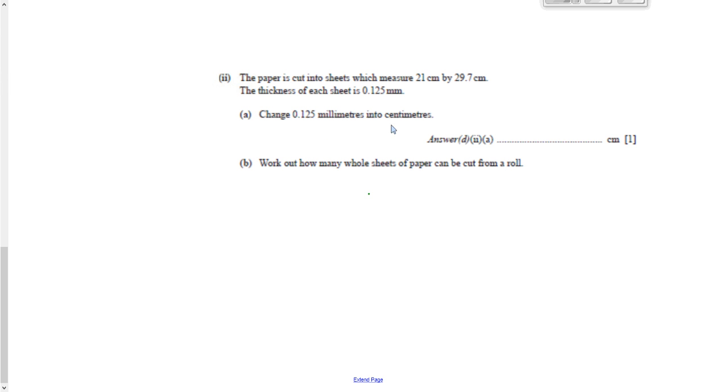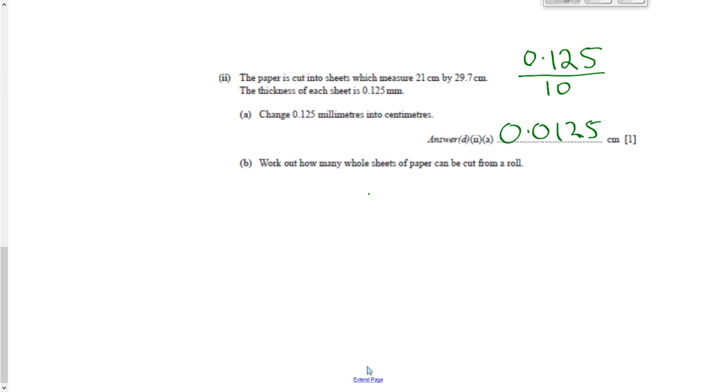Because we're going from millimetres to centimetres, we're going to divide. So 0.125 divided by 10, and the answer will be 0.0125 centimetres.